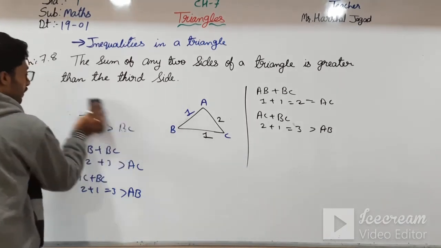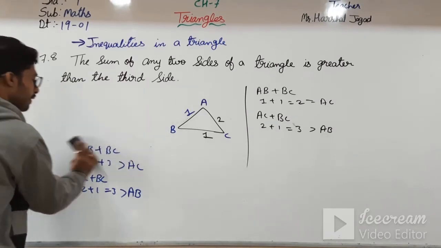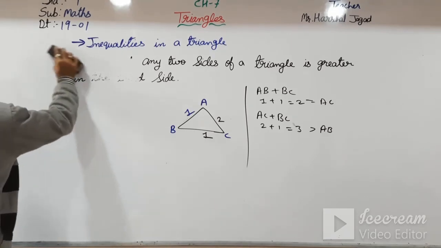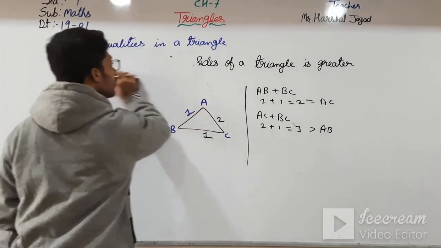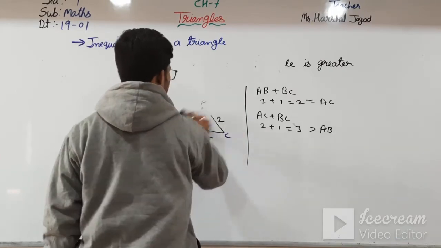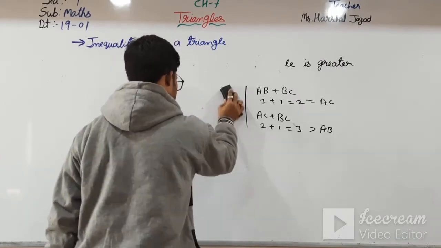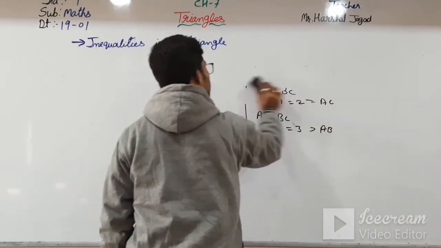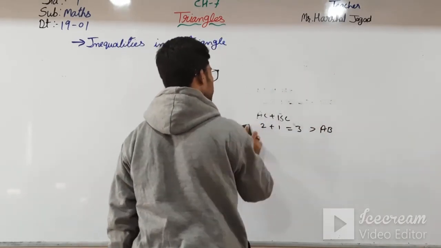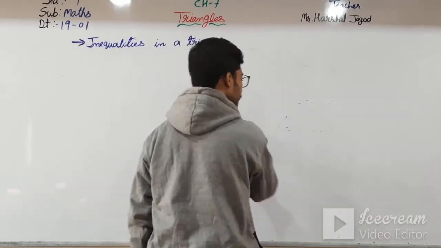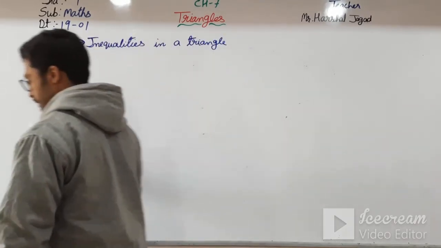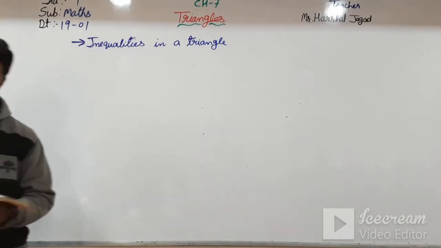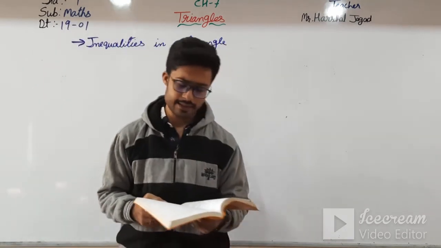Okay students, moving further, you can see over here some of the theory of this theorem is given. I will just read that. The sum of any two sides of a triangle is greater than the third side.